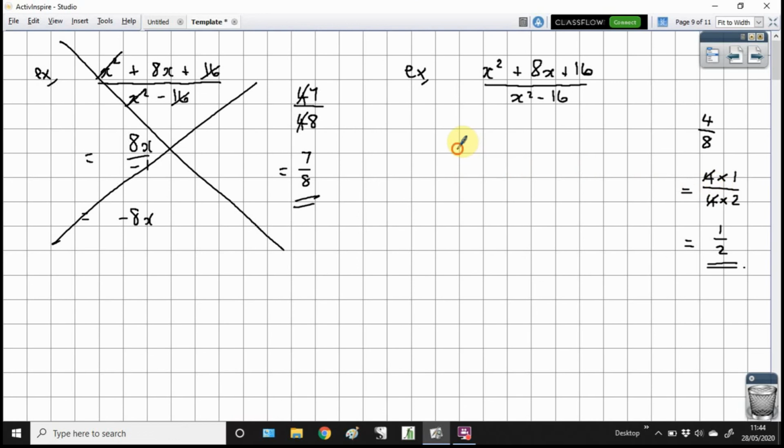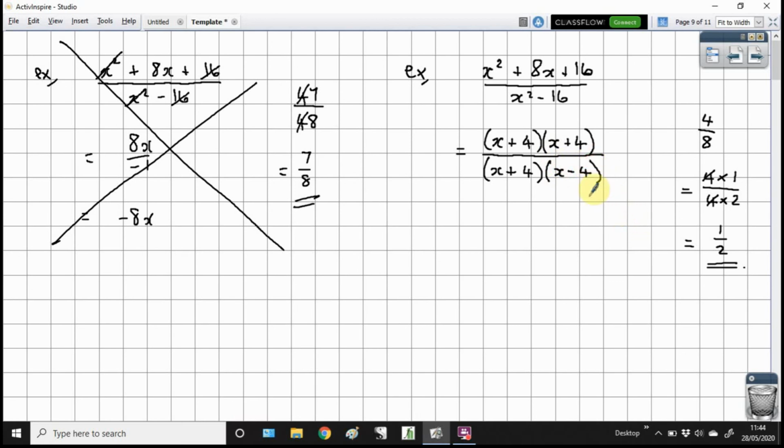That means the only way to handle this is to factorize the numerator and factorize the denominator. So you need to know how to factorize a quadratic. Different people have different methods, but you should be able to get that for the numerator. This is the difference of two squares. This is x plus 4, x minus 4.